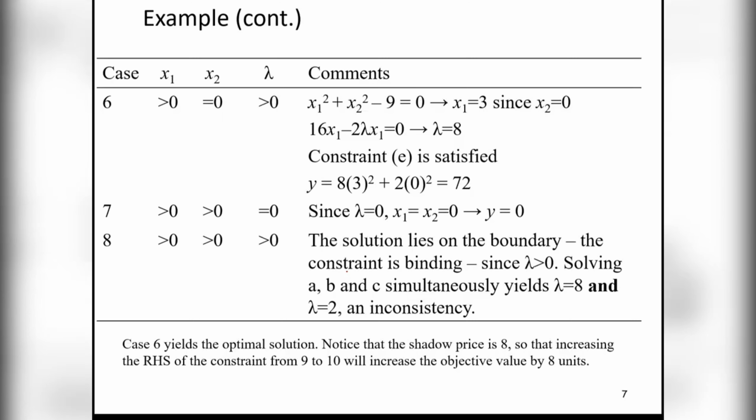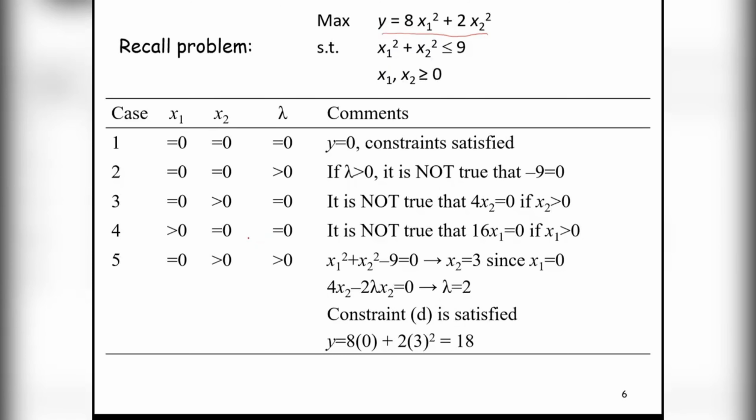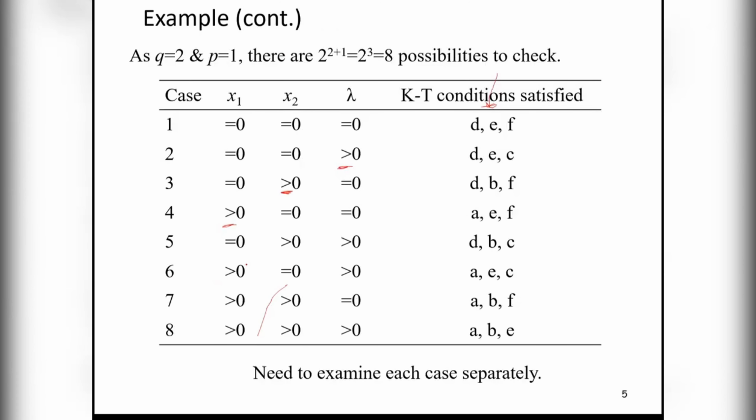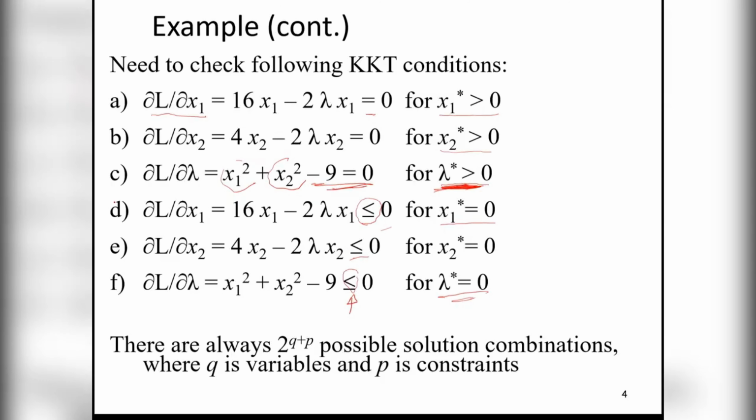Let's go back a minute. So we've got that x1 is equal to 0 and the others are greater than 0, they're positive. So D, B, and C, so these three apply.